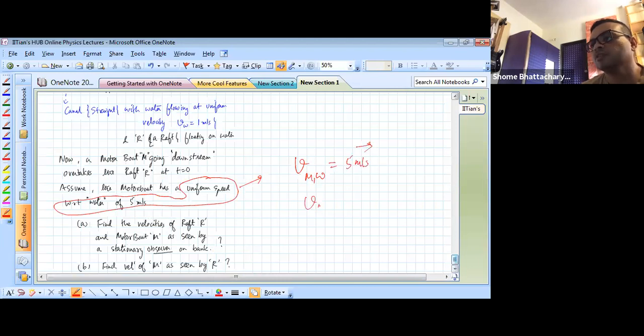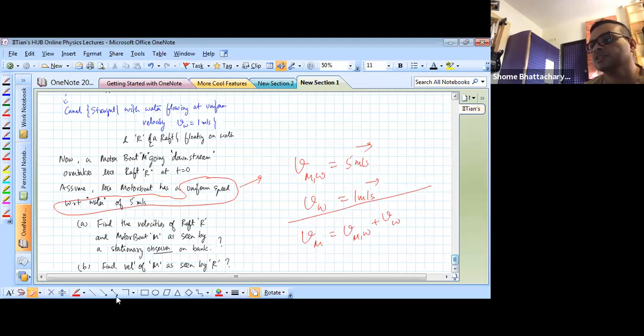But what about the velocity of the water itself? That is equal to 1 meter per second downstream. So therefore, what about the velocity of the motorboat in ground frame? It will become this. Okay. So this is now a reversal of that equation. How do we write relative velocity? By difference. So how does absolute velocity come? By sum.